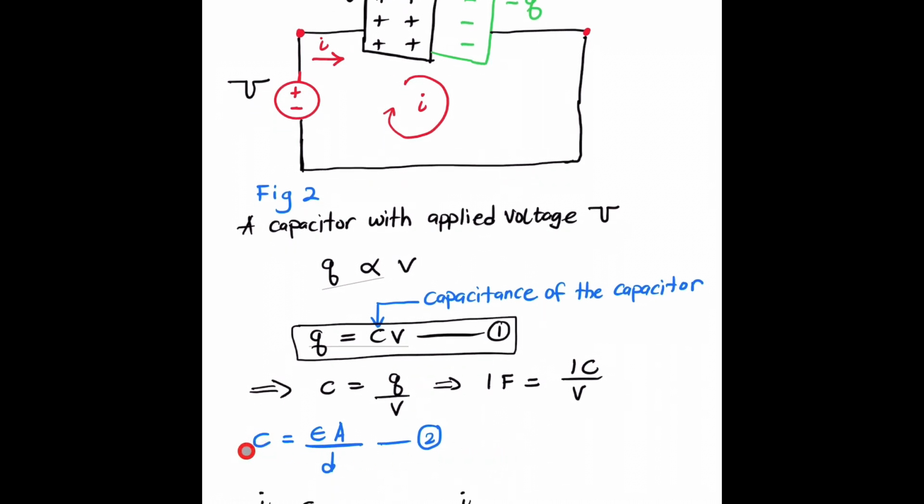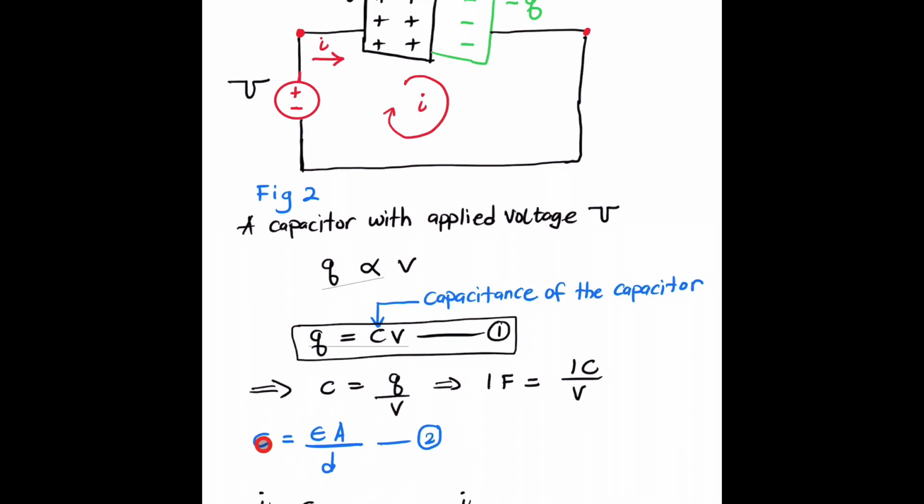And equation 2 says that the capacitance is equal to some constant, this guy, times A, which is the surface area per plate, divided by the distance between the two plates. So that is equation 2.